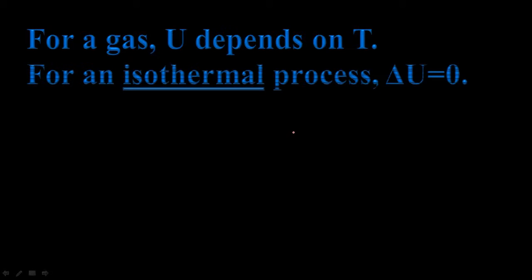So for a gas, since the internal energy depends on the temperature, if we have an isothermal process, meaning the temperature is not changing, the change in temperature is 0, then that means the change in internal energy is 0. Not the internal energy, the change. So that means the internal energy is constant if the temperature is constant. They are absolutely dependent on each other.